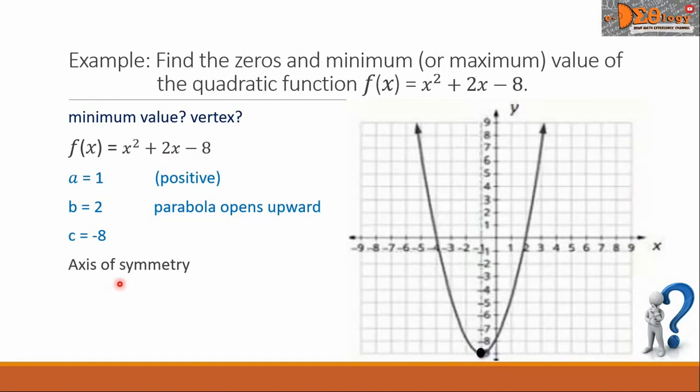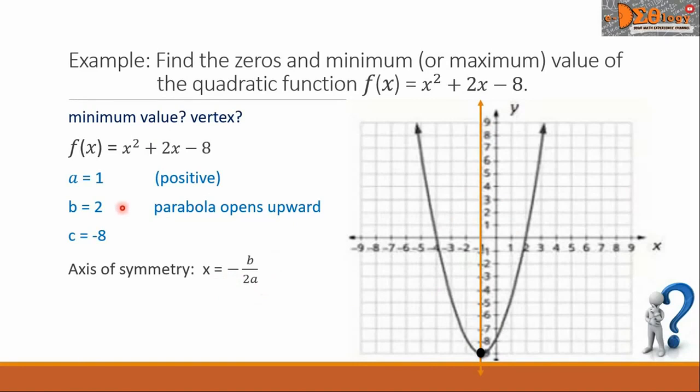Remember, this axis of symmetry is a line. It is a vertical line that passes through the vertex. So this is our axis of symmetry, and the equation is x equals negative b over 2a. These a and b are the coefficients of x squared and x respectively.